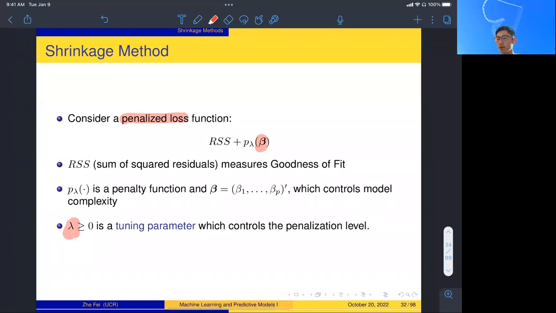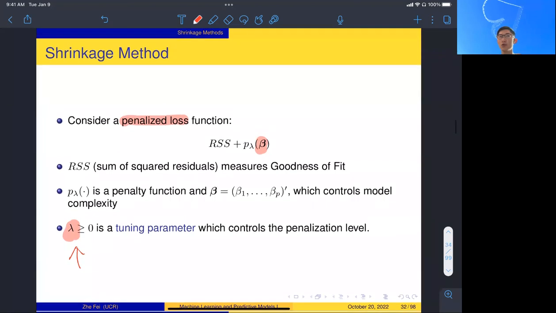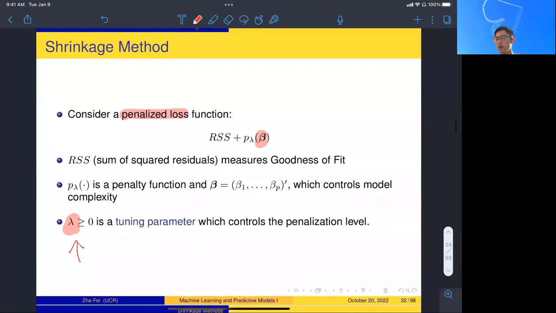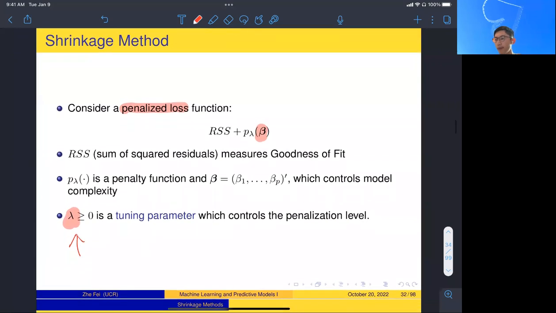And lambda is the so-called tuning parameter, which controls the penalization level. We have mentioned this: if lambda is larger, that means you impose a larger penalty on the model complexity, so you would prefer smaller models with larger lambda.